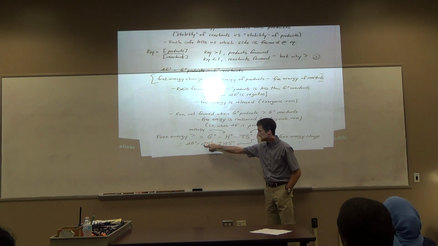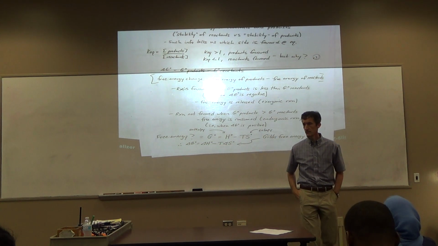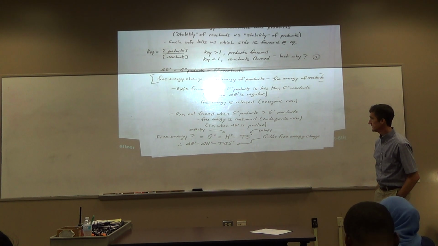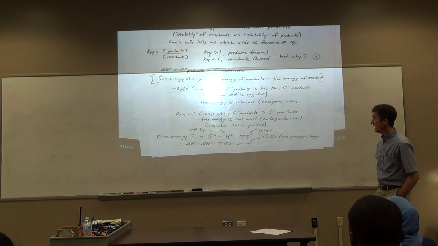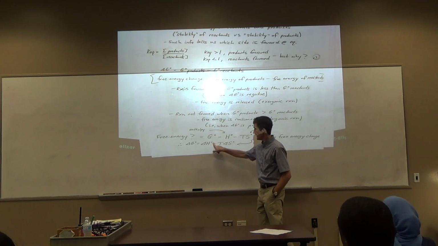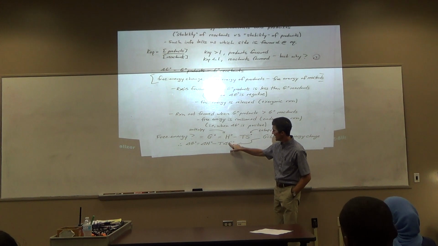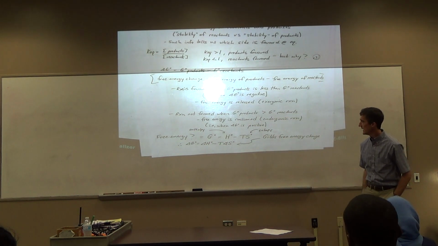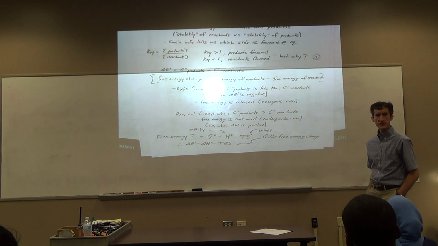Delta H. What is H? Enthalpy. Okay. Heat. Our bond strengths are going to give us a look at delta H. And then delta S, entropy. And temperature magnifies the entropy term.